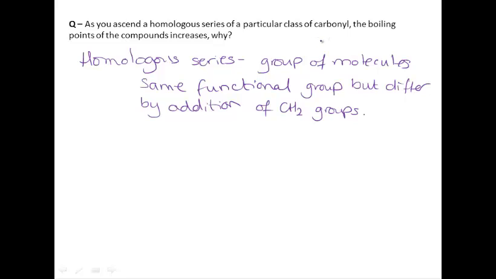It's not told you aldehydes or ketones. So that can give you a little bit of a clue about the kind of question that they're asking. Let's just have a think about a homologous series of aldehydes. So this is a homologous series of aldehydes, starting from the top one, methylaldehyde or methanal. And we've got an addition of a CH2 in each case.